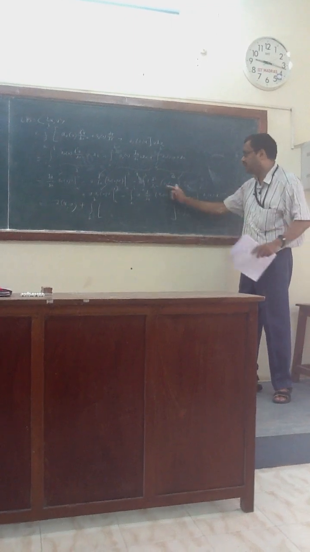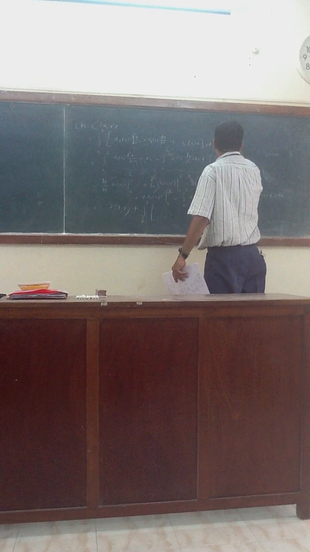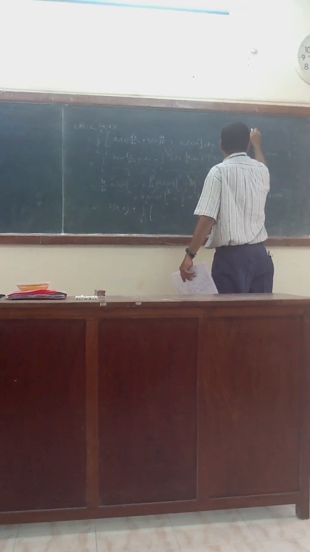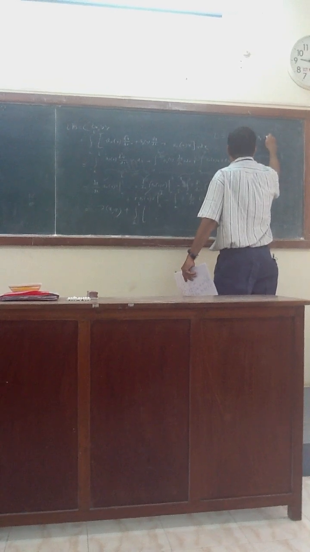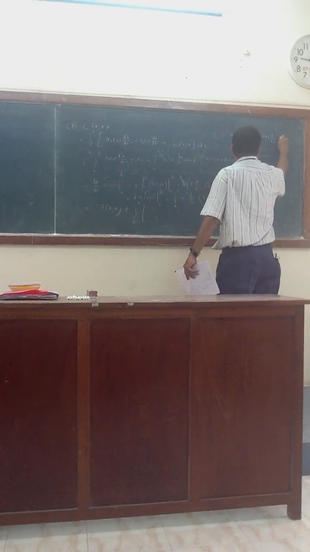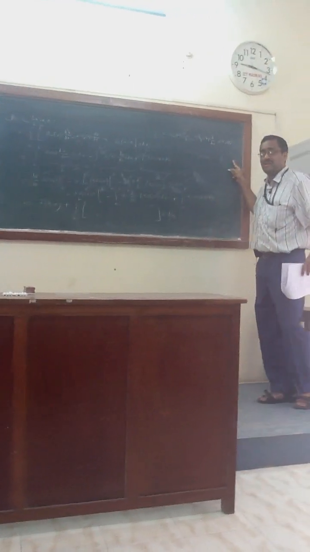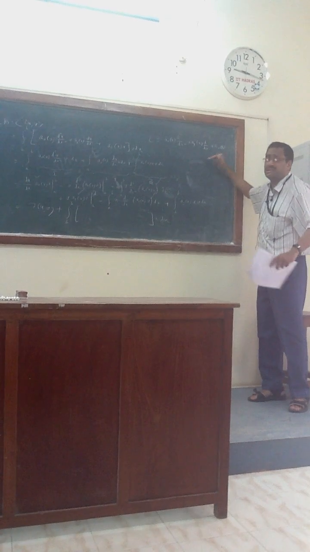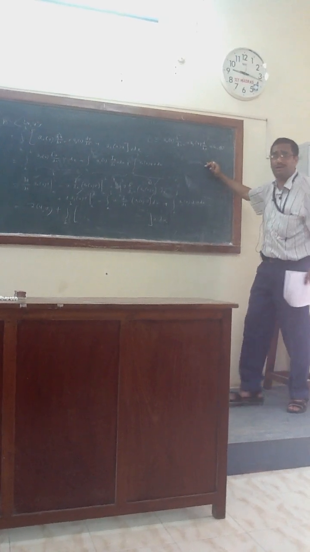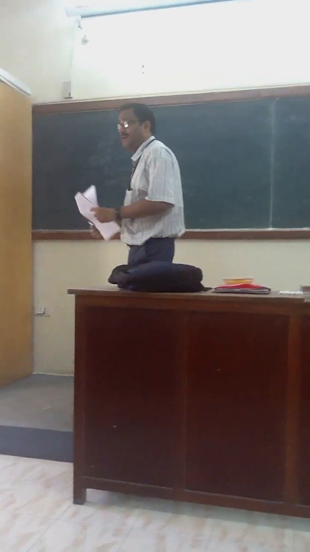Remember that your operator L is a0(x) d²/dx² plus a1(x) d/dx plus a2(x). We have to get a similar kind of operator L star. That's your objective, because whatever you do, we have to compare with L star, whether L equals L star or not. That's why I have done this kind of operation. Otherwise, why should I do that?